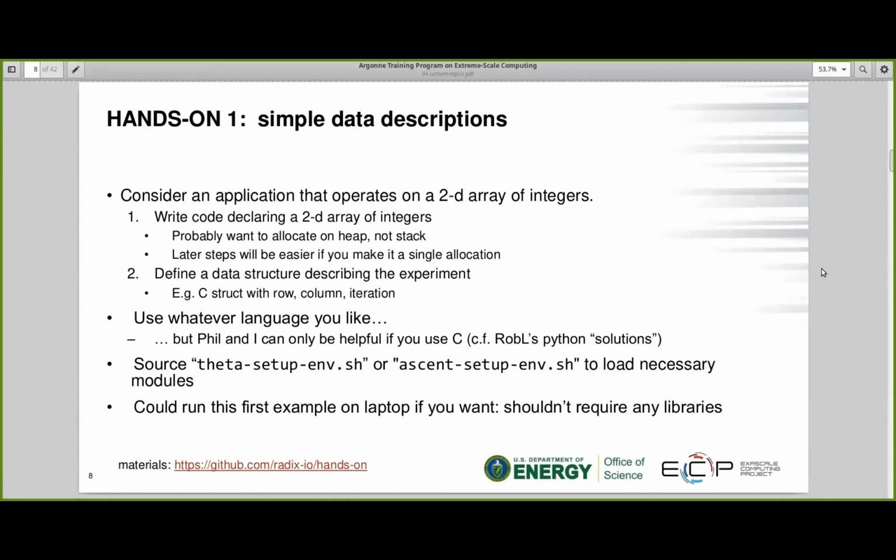One note: if you do like Python, I had trouble getting mpi4py set up on Ascent, but Theta's mpi4py was working pretty well. So if you are dead set on trying this out in Python, I would recommend Theta. Otherwise, Theta or Ascent will be just fine. Or in this simple case, for the first 2 hands-on examples, you can do it on anything really, because it's just using simple C routines, simple I/O routines.